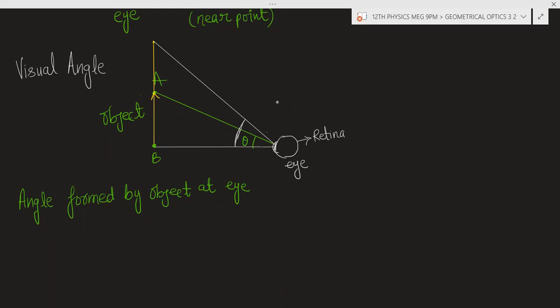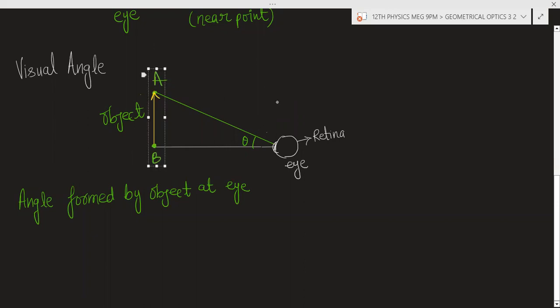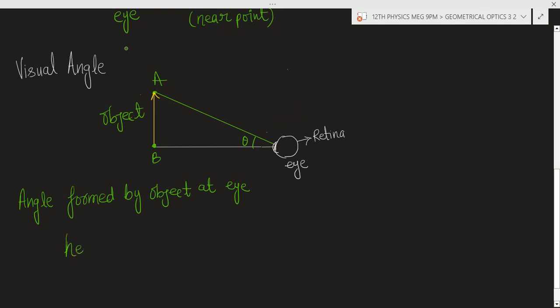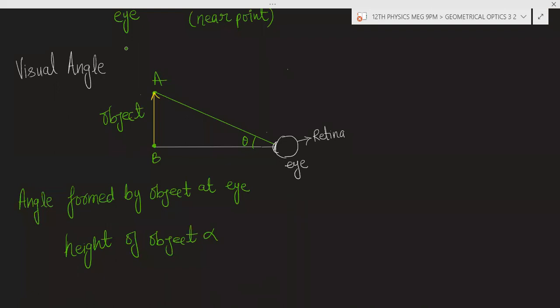Then you can say the height of the object is directly proportional to the visual angle.